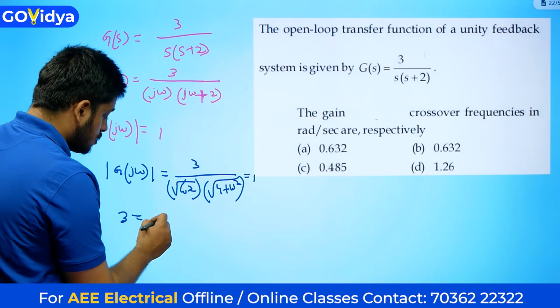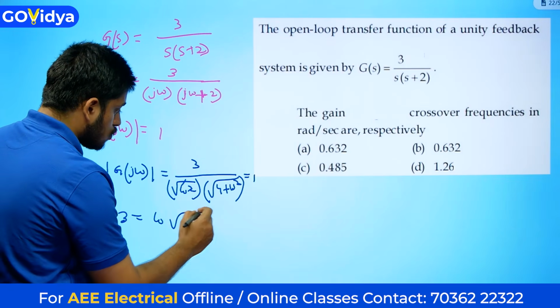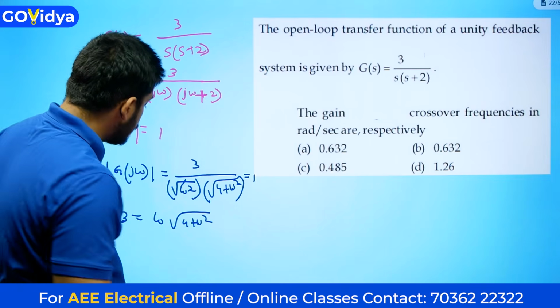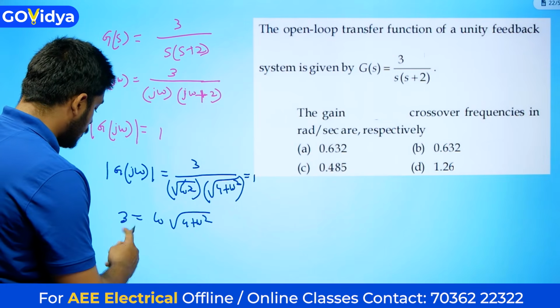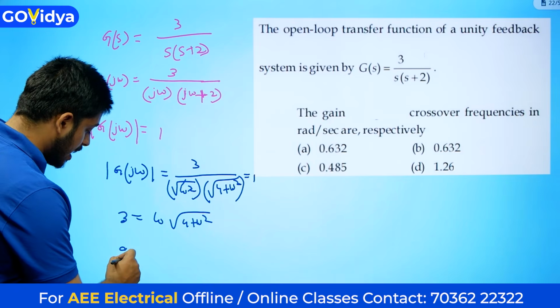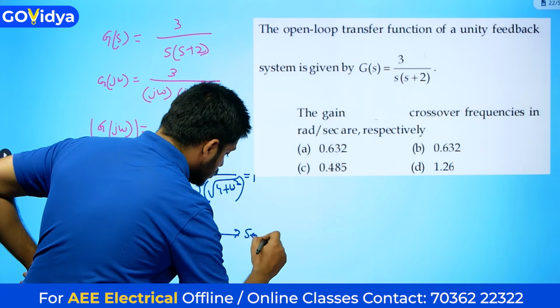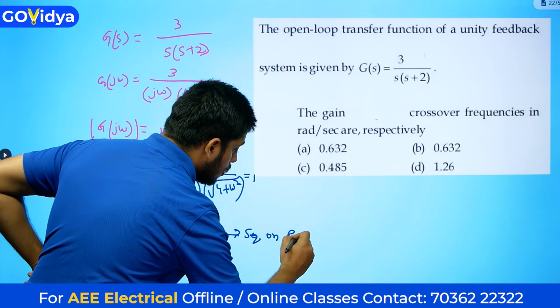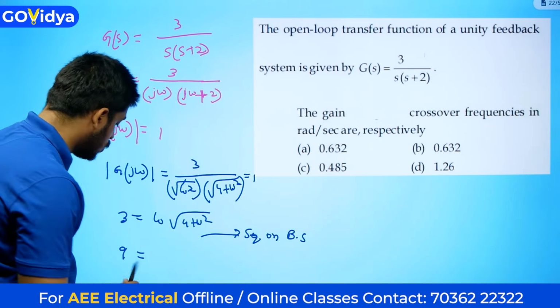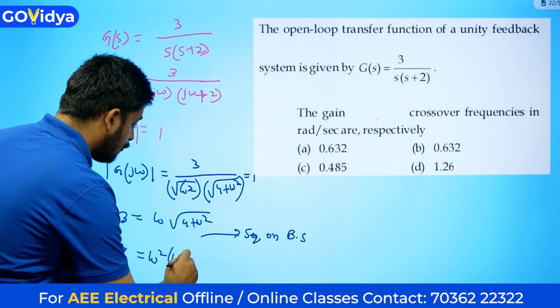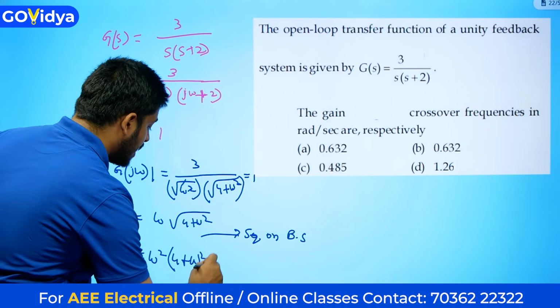So 3 is equal to omega into root of 4 plus omega square. Okay, let me take squaring on both sides. So I'm going to get 3 threes are 9 is equal to omega square into 4 plus omega square.